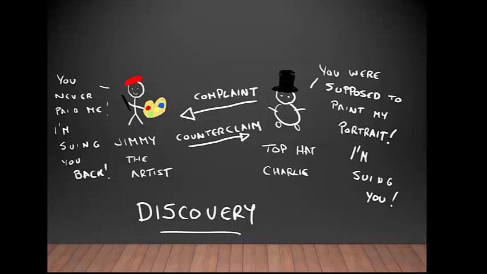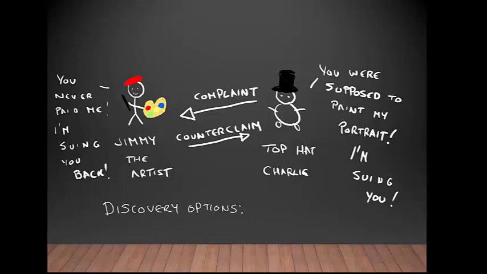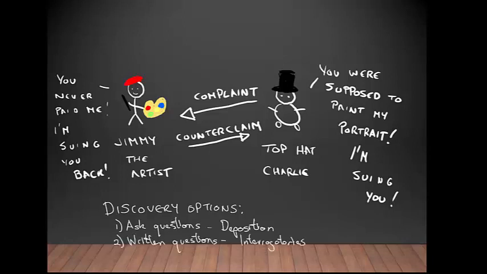That's it, discovery. Discovery is where they try to discover what they can about the facts. They are serving requests on one another. What are the discovery options? Ask questions. In person. That's a deposition. Under oath. Written questions. That's interrogatories.